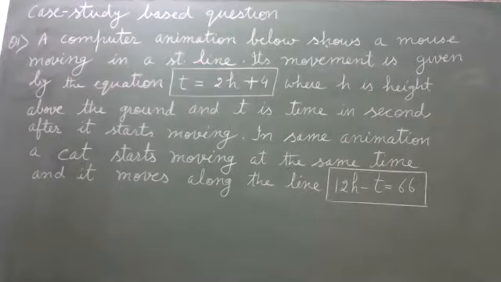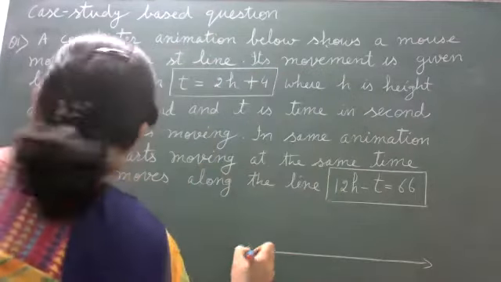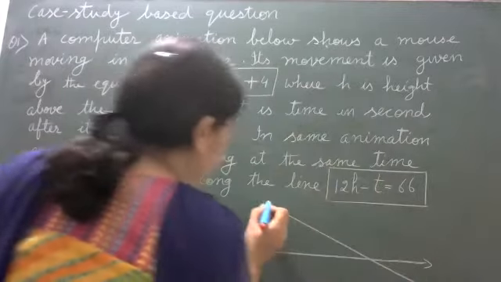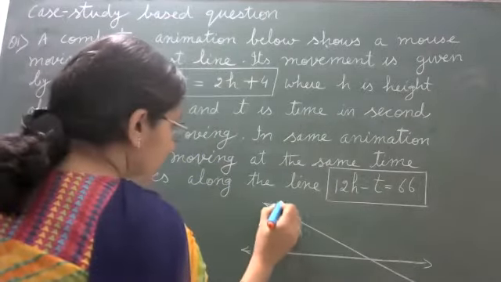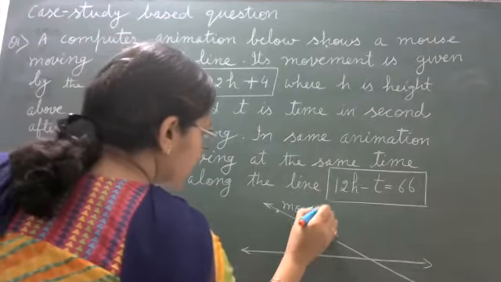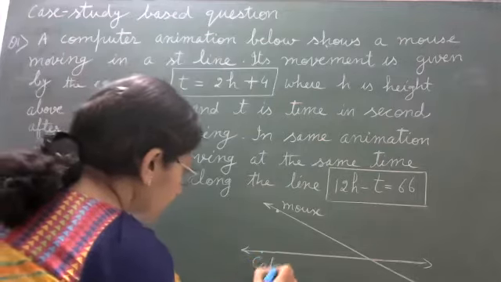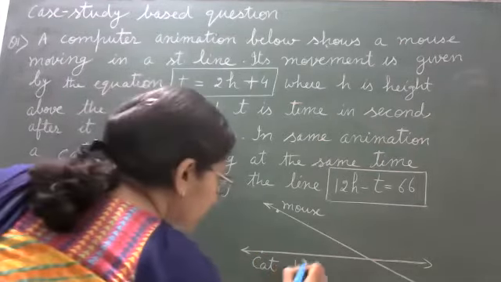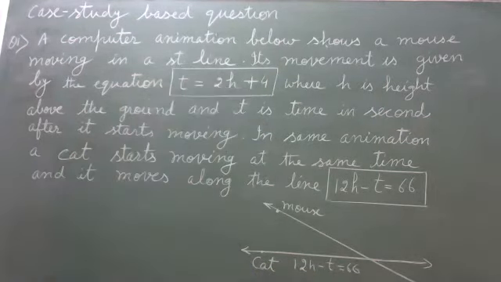And the figure is also given. These are the two straight lines. So it is for mouse and it is for cat. That is 12h minus t is equal to 66.